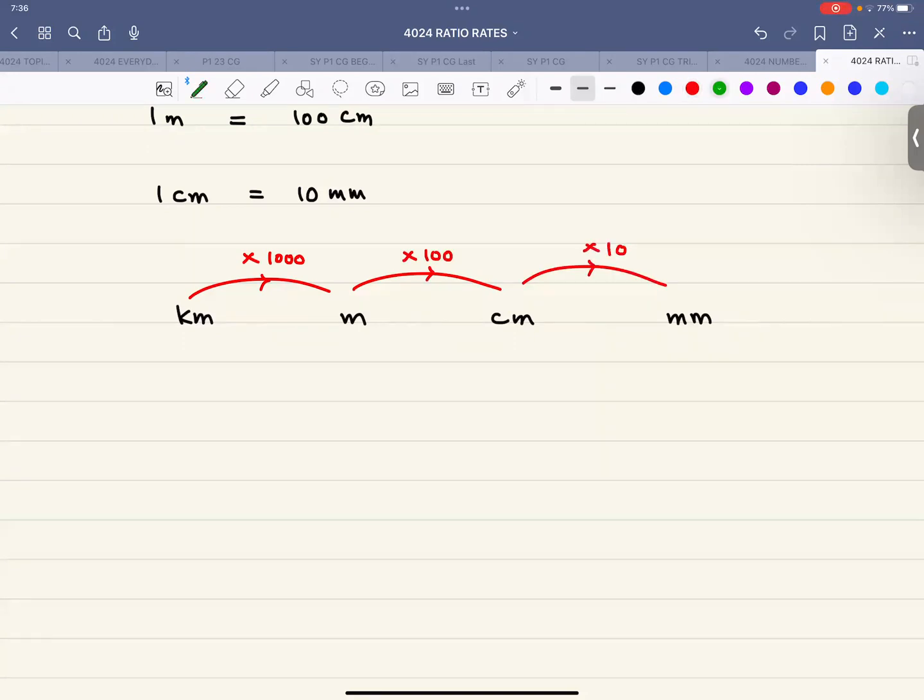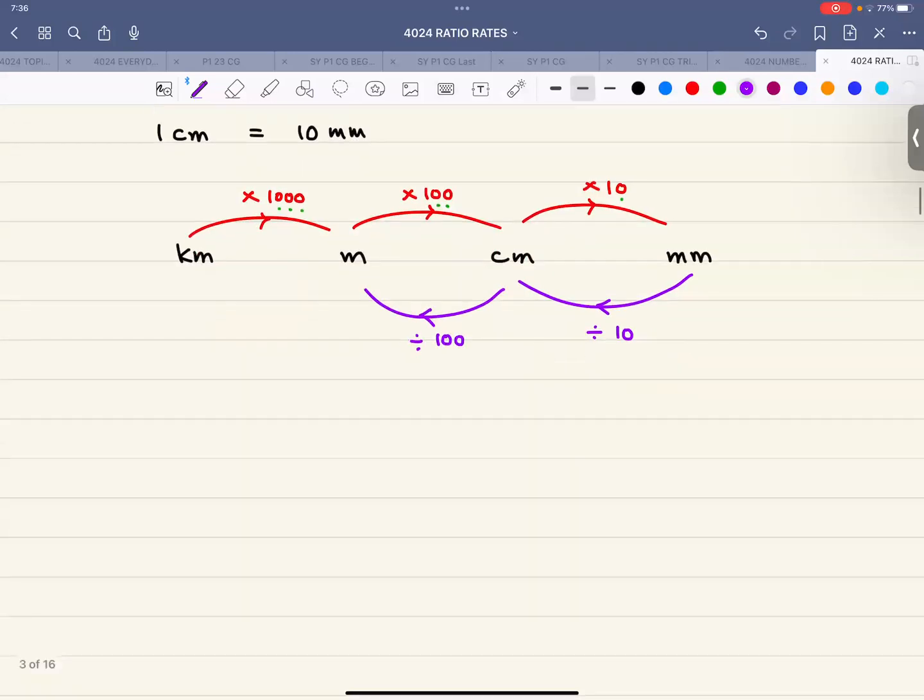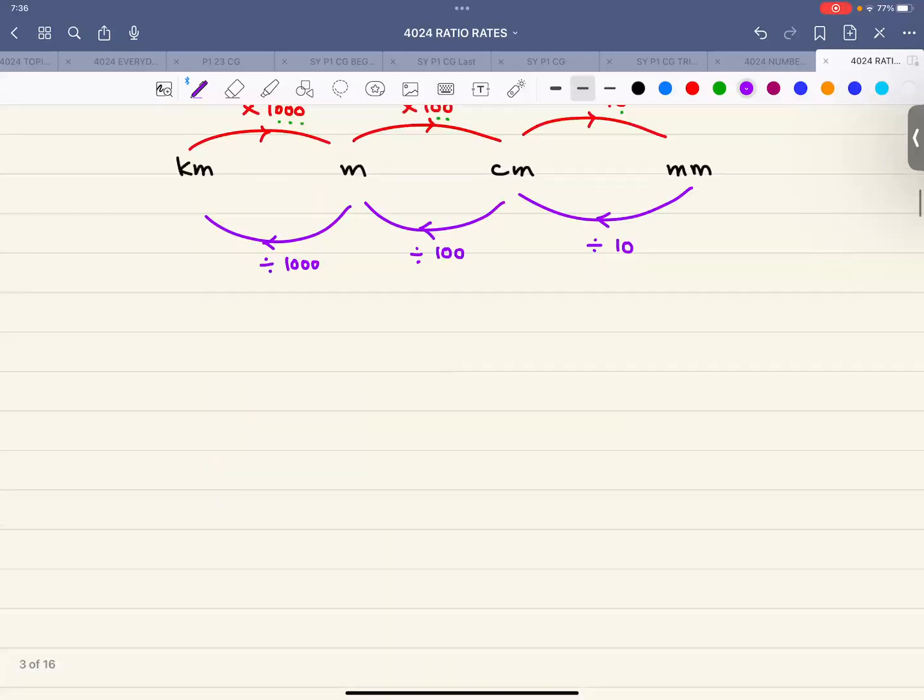Look at the number of zeros: three zeros, two zeros, a single zero. When we go in the opposite direction, from millimeter to centimeter, that's division by 10. Centimeter to meter is division by 100. Meter to kilometer is division by 1,000. Again, it's a rule like this.